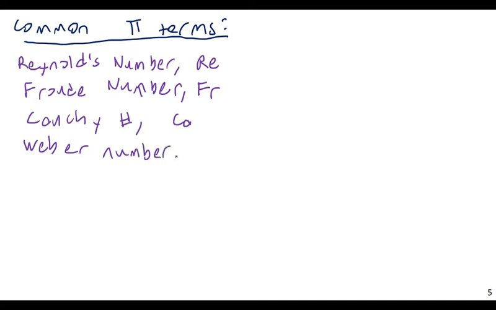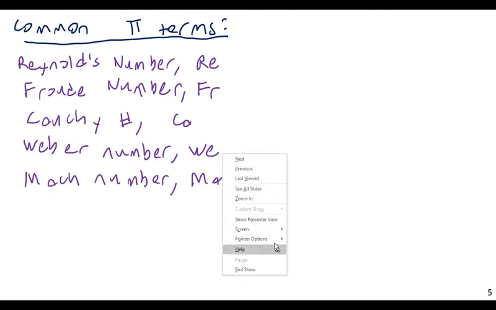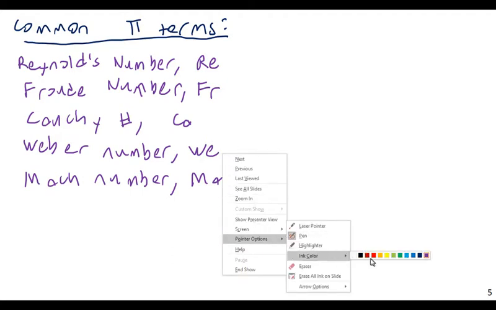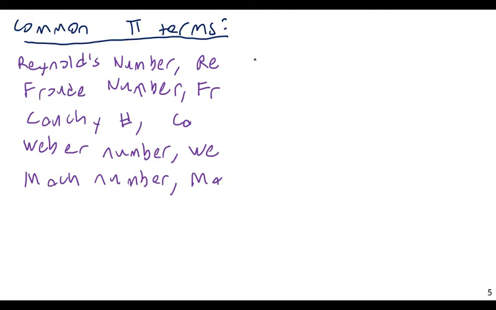The Weber number, WE, or one you've probably heard of, the Mach number, which is often abbreviated MA. And the formula in each of these are dimensionless, so they are pi terms.